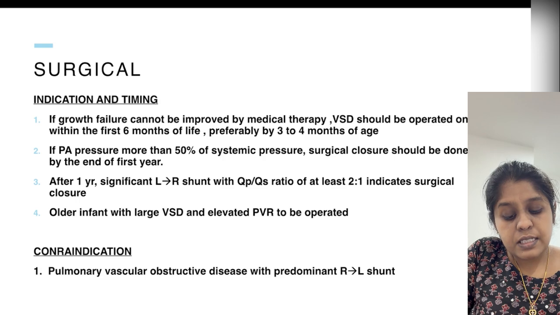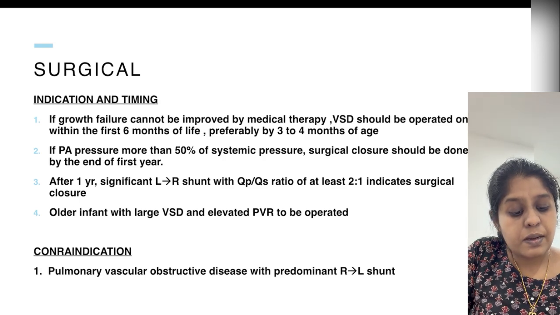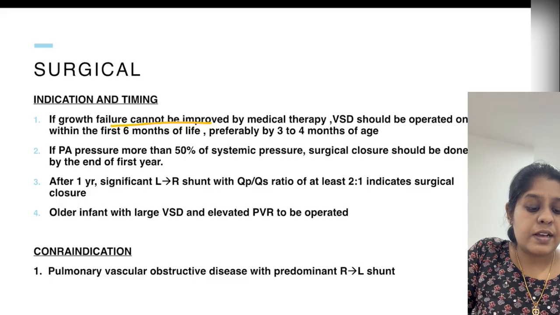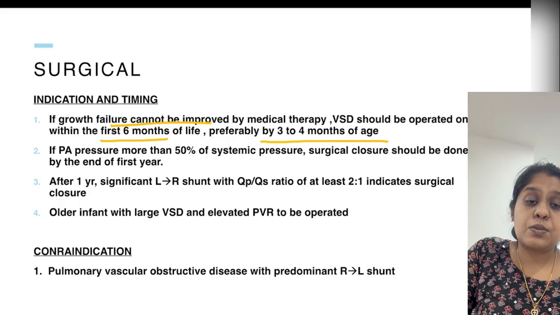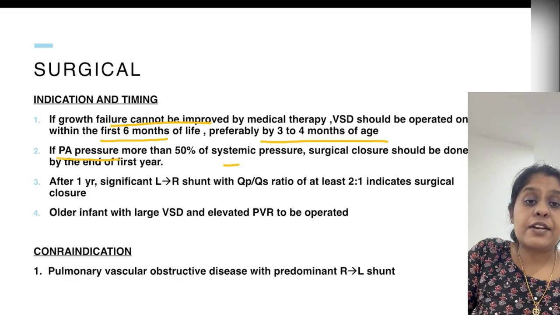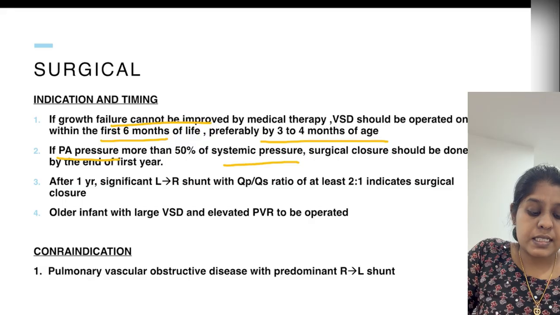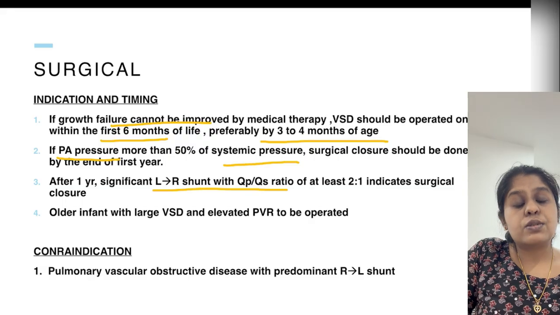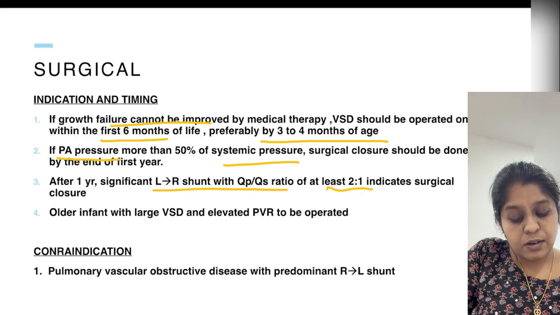You can do surgery if the growth failure cannot be improved by medical therapy. VSD should be operated within the first 6 months of life, preferably by 3 to 4 months. If the PA pressure is more than 50% of the systemic pressure, surgical closure is done at the end of the first year. After 1 year, with a significant left to right shunt with a Qp:Qs ratio of at least 2:1, you need to do a surgical closure.